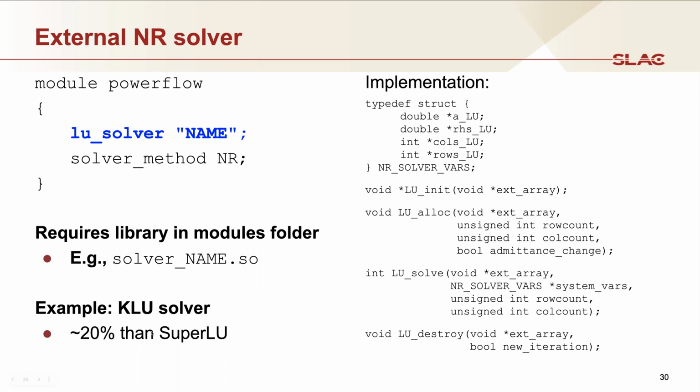It also illustrates how to create your own solver, which amounts to defining these four functions. The KLU solver is a good example of this, and you can go and look at how it works. But you have to provide this data and implement these four functions, and that allows you to link an arbitrary solver of any kind in place of the solver that's used in the Newton-Raphson method provided with GridLAB-D.